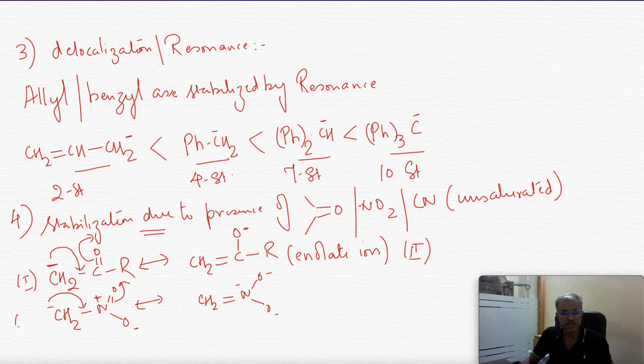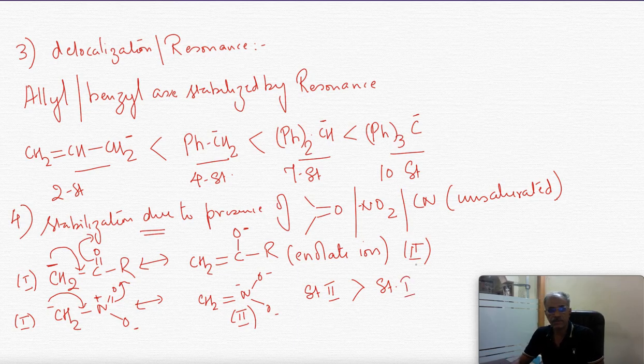Similarly, this will be structure 1 and this will be structure 2. So we can say structure 2 is more stable than structure 1.